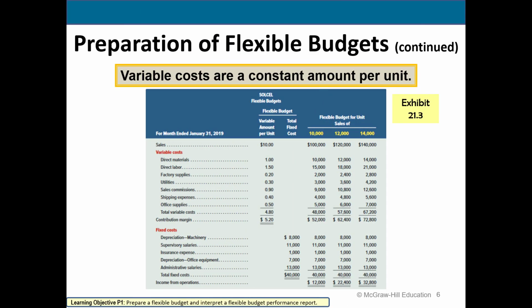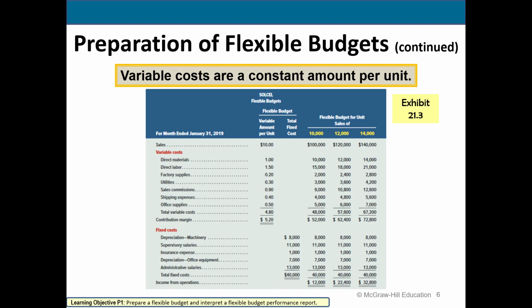So here's an example. To prepare the flexible budget, you will identify the activity level, such as units produced or sold, identify the costs and classify them as either fixed or variable, and then compute the budgeted sales, which is the sales price per unit times the number of units sold, and subtract the sum of the budgeted variable cost plus the budgeted fixed cost.